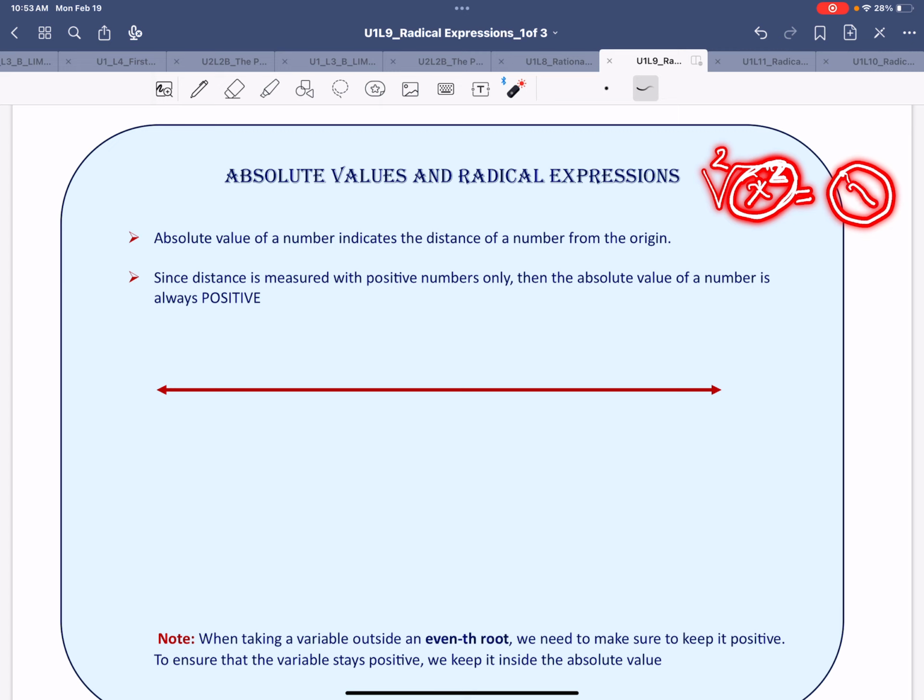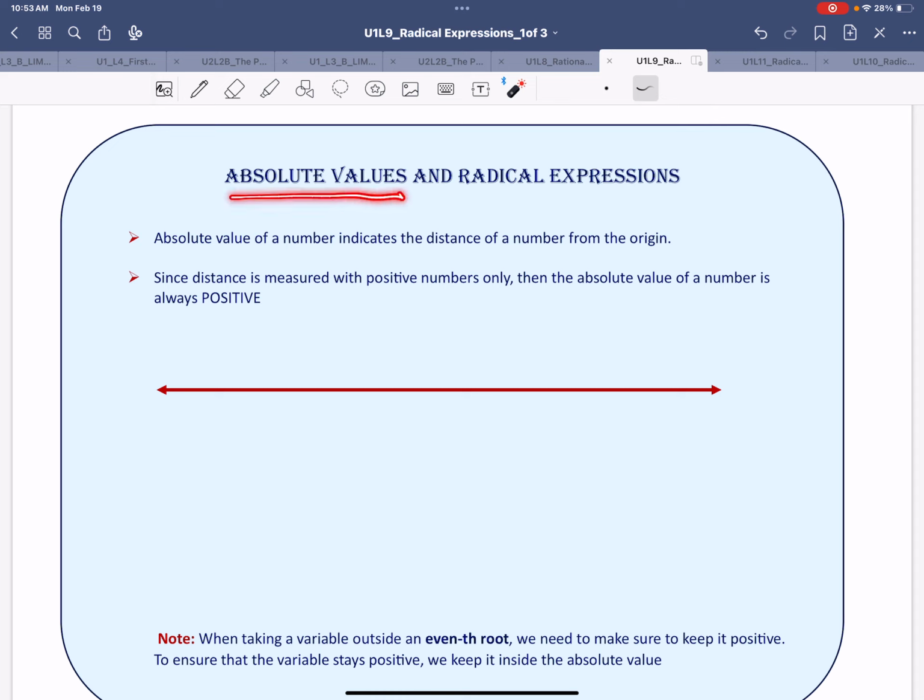However, if we say that the answer is x, and x happened to be negative, then the answer that we obtain is a negative number, and we never get a negative number out of an even root. And this is something that we want to discuss today, and we'll ask for help the absolute value of a number.